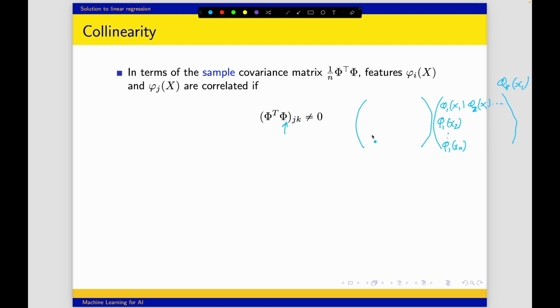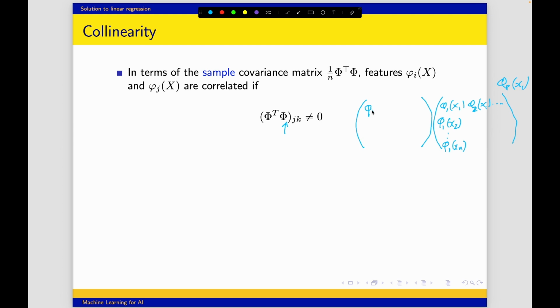And this matrix here is going to be phi transpose. So it's going to be psi. Let's think of what's going to go along the top here. We're going to get now columns. So this is going to be psi. Let me get this the right way around.